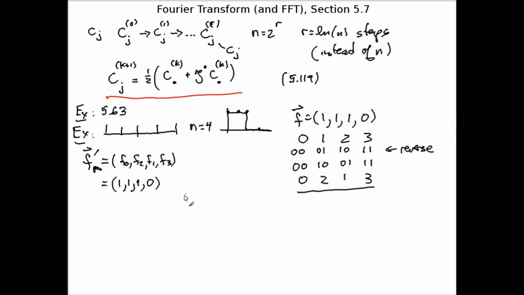I'm going to start with 1, 1, 1, 0, and these are the c^0_k's, and then I'm going to compute the c^1_k's, and then I'm going to compute the c^2_k's. And since r is equal to 2, that's the answer.